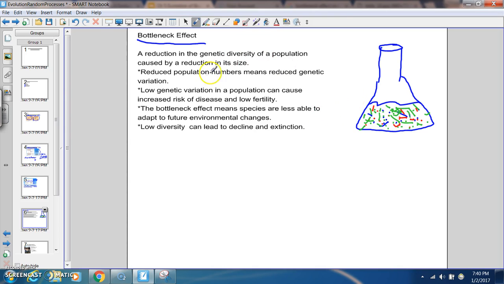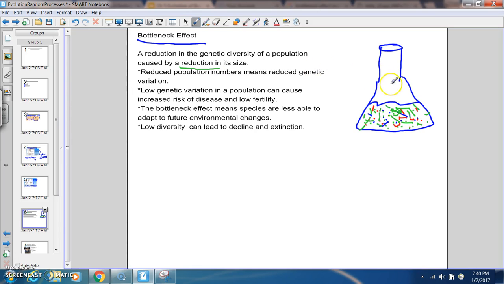And then all of a sudden, that population is reduced. It could be reduced through a disease coming through, a natural disaster, or poaching. So there are natural ways for it to be reduced as well as anthropogenic sources.